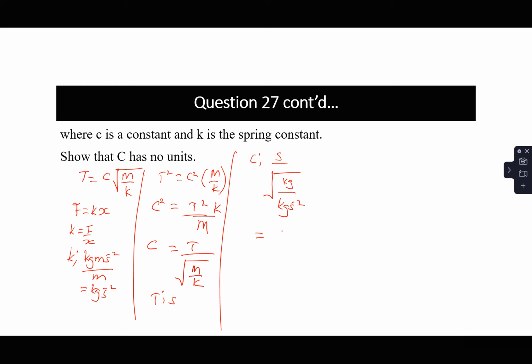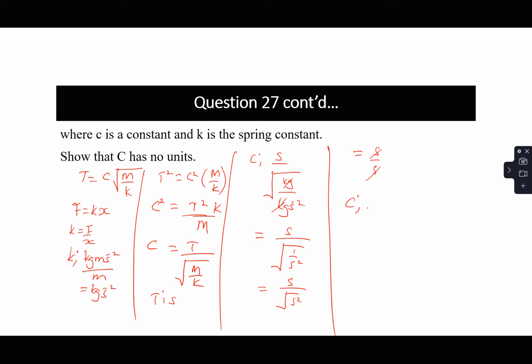We are trying to simplify now, so it becomes s over the square root of, kilogram has already cancelled, 1 over s power negative 2, which when I get the reciprocal becomes s over the square root of s squared, which implies s over s. These are also cancelling out.